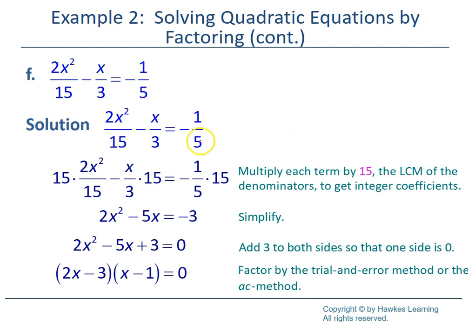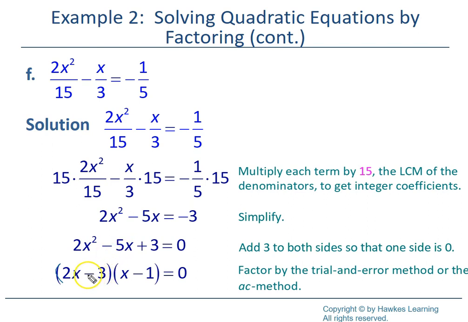So to save a little time, we got all the way to here, brought that negative 3 over as a positive 3, and now we had to factor this. As we put up our parentheses, we got a 2x and an x, and then we had to have factors of 3 so that our middle term was a negative 5x.